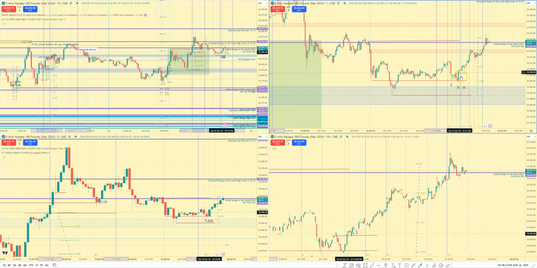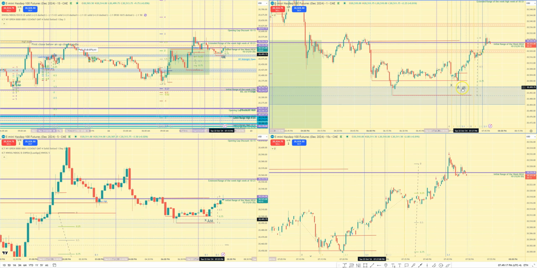But it can do a break in market structure anytime and turn around. That could have been one attempt, and when it came down here, another attempt, and that would have all been inside the 10.